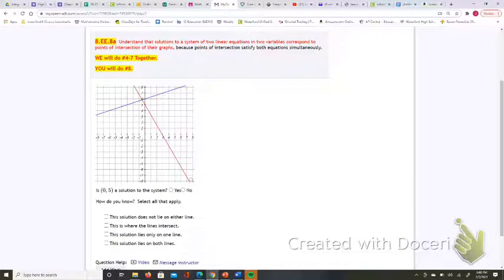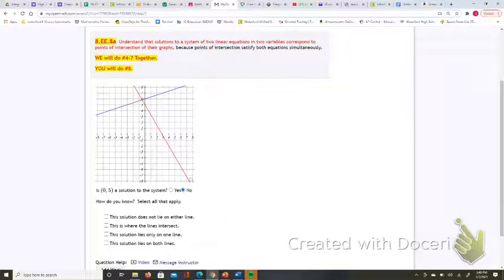I'm going to go to the point (0, 5) and put a dot there. That dot is only on one of the lines. In order for it to be a solution, the dot has to be on both lines. It has to be where the lines cross, and it's not. So no, it is not a solution.